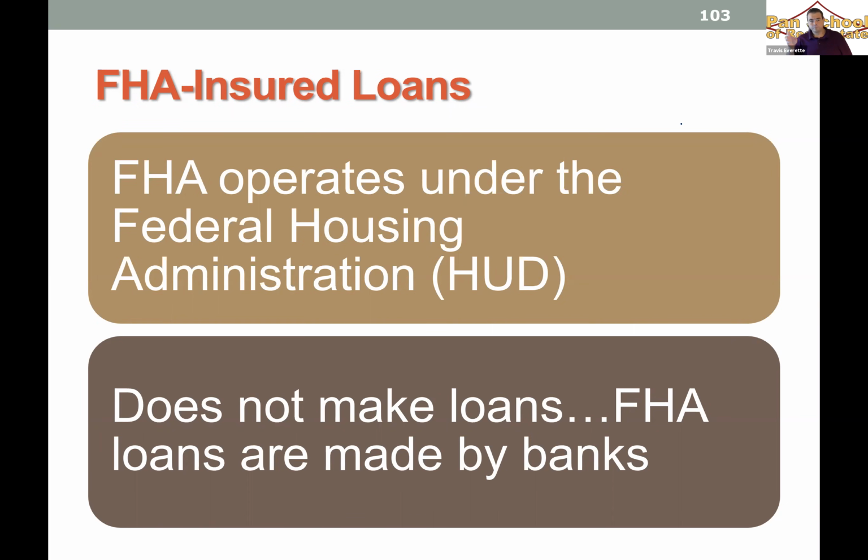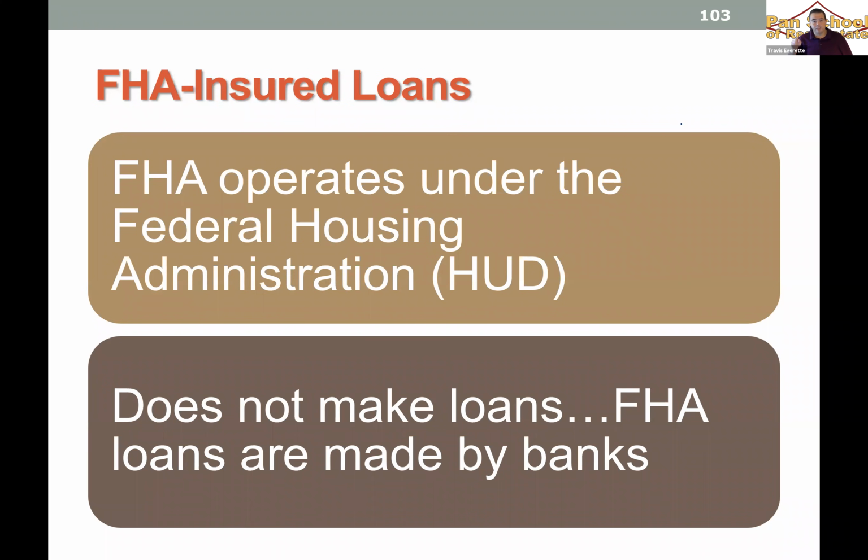So the biggest of this category of government-backed or government-insured or government-guaranteed loans is the Federal Housing Administration loan, the FHA loan. The FHA loan has been around for a long time.